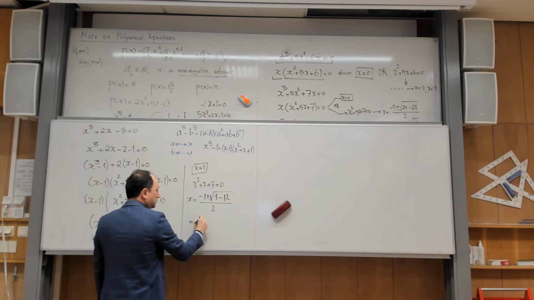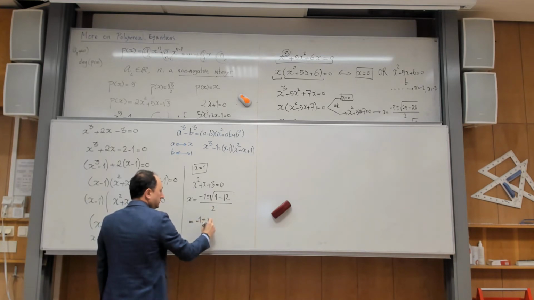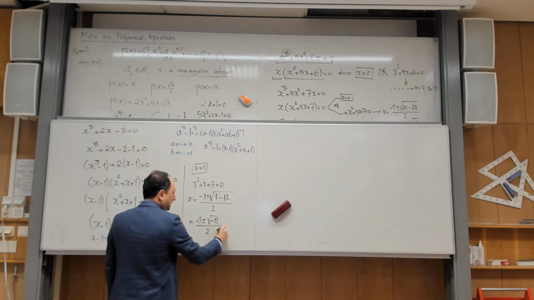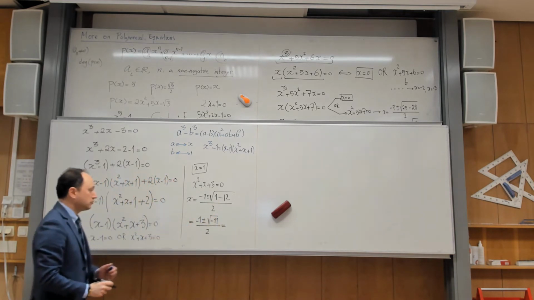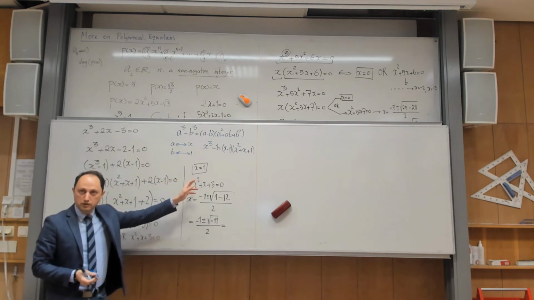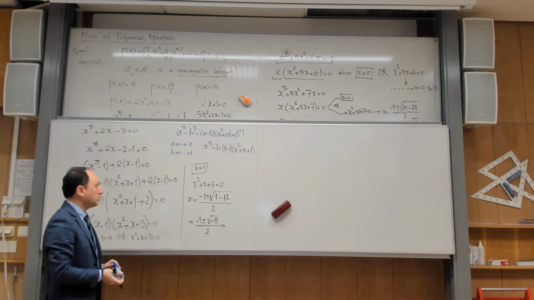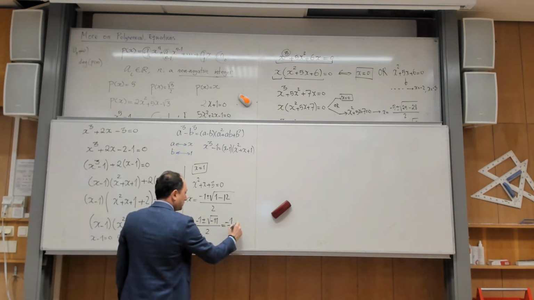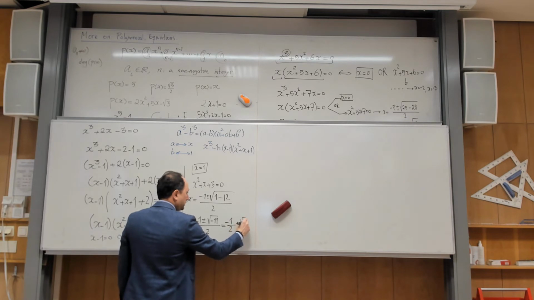And then you immediately realize that I am in trouble if I want to work with real numbers, because under the square root I have a negative 11. But then if I want to solve it in real numbers, I will stop here and say that this is the only root. If I want to work it in complex numbers, then I can complete it and write minus 1 over 2 plus or minus the square root of 11 over 2, but multiplied by an i.